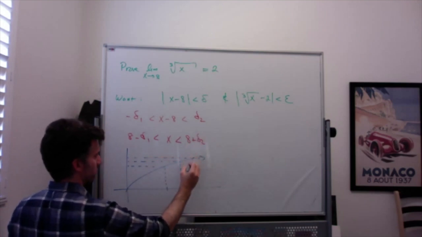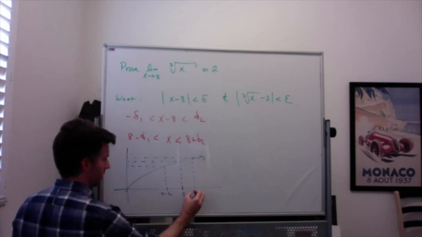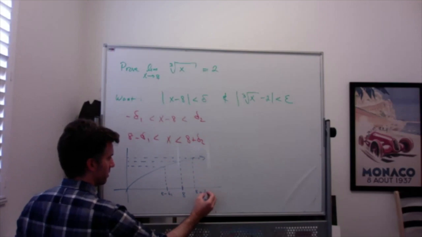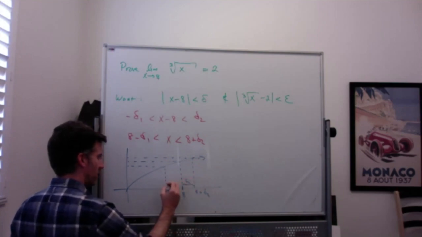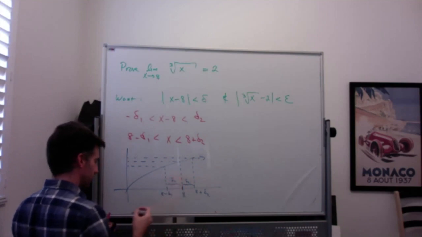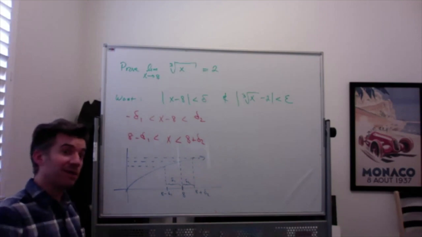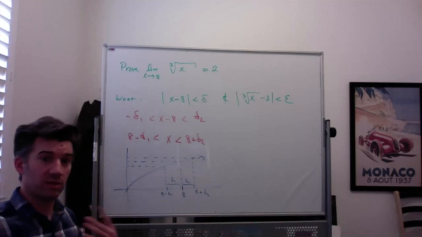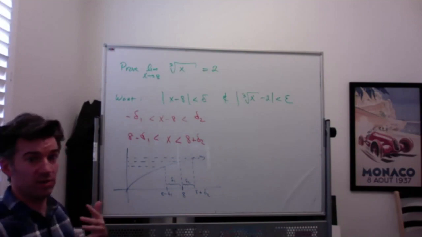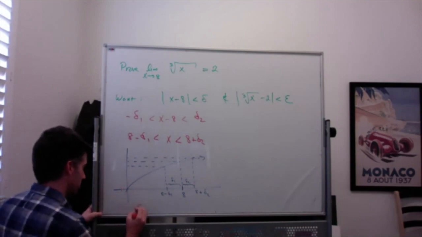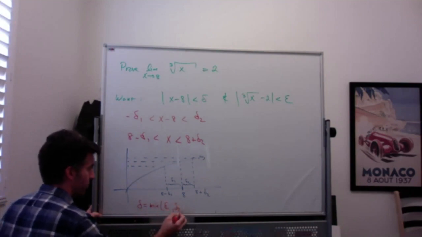Here's 8 minus delta 1, and here's 8 plus delta 2. So this distance here is your delta 2. This distance here is your delta 1. And our job for these kinds of non-linear examples is to figure out which of those deltas is the smaller value, right? That's the value we want. We want to pick delta to be the minimum of delta 1 and delta 2.